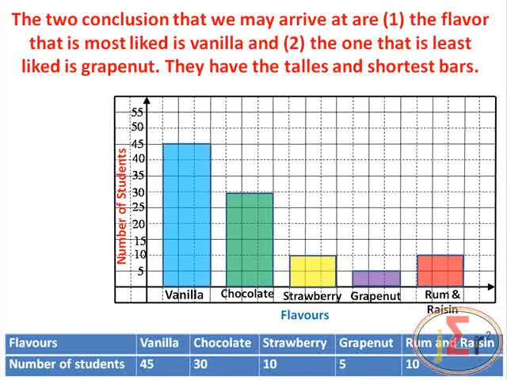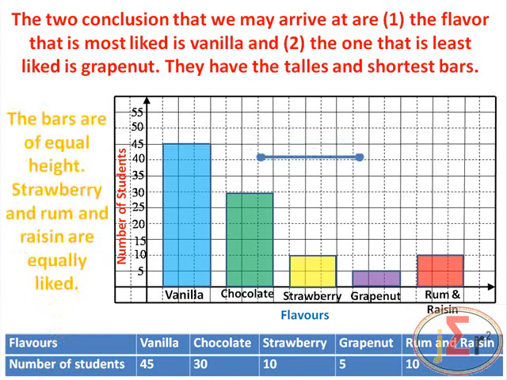The one that is most liked is associated with the tallest bar, the one that has the greatest number of students. And the one that is least liked is represented by the shortest bar, the one with the least number of associated students.